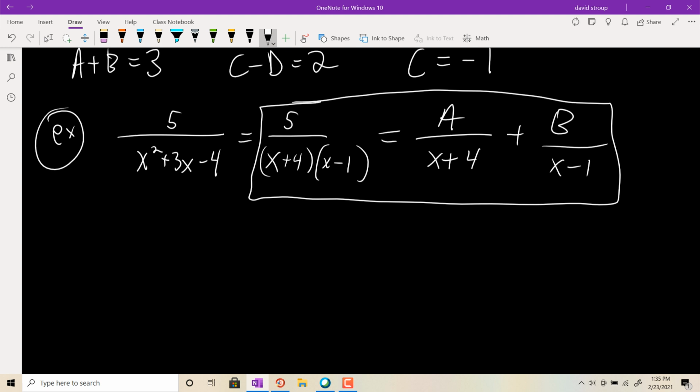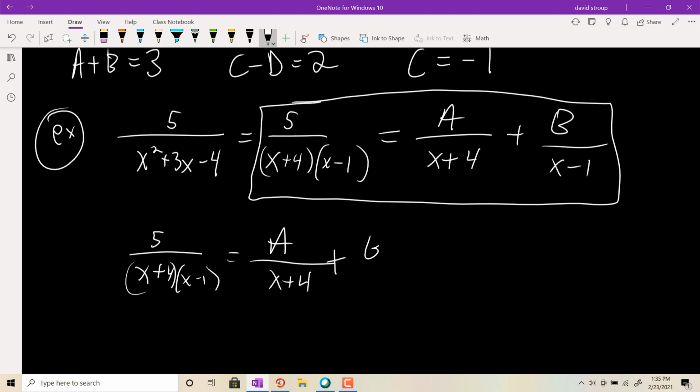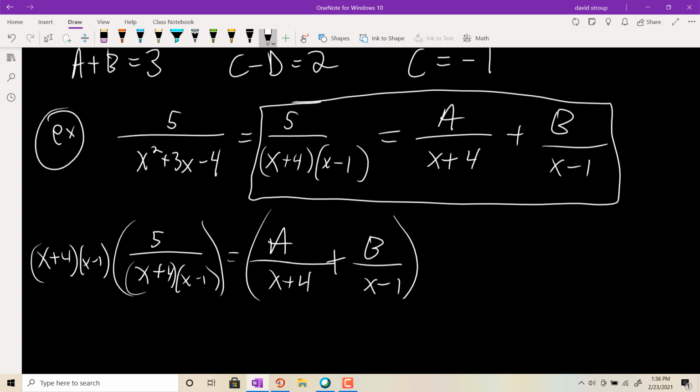So the first step once I have this equation is to multiply both sides to get rid of all the denominators. So I'm just going to rewrite it. And then I multiply this side by x plus 4 times x minus 1, and I multiply this side times x plus 4 times x minus 1.